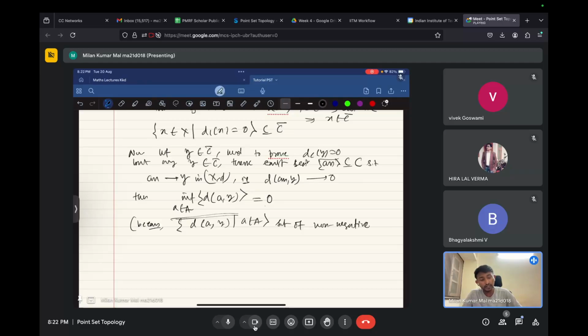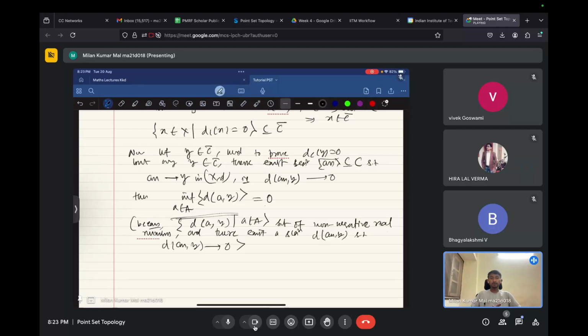because a metric is always a non-negative real number, and there exists a sequence d(a_n, y) belonging to this particular set such that d(a_n, y) is going to be 0.